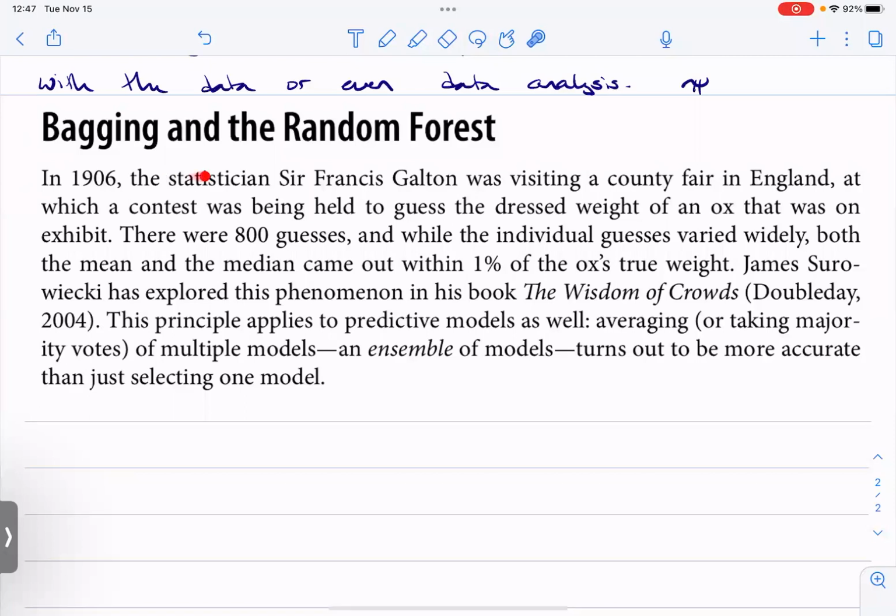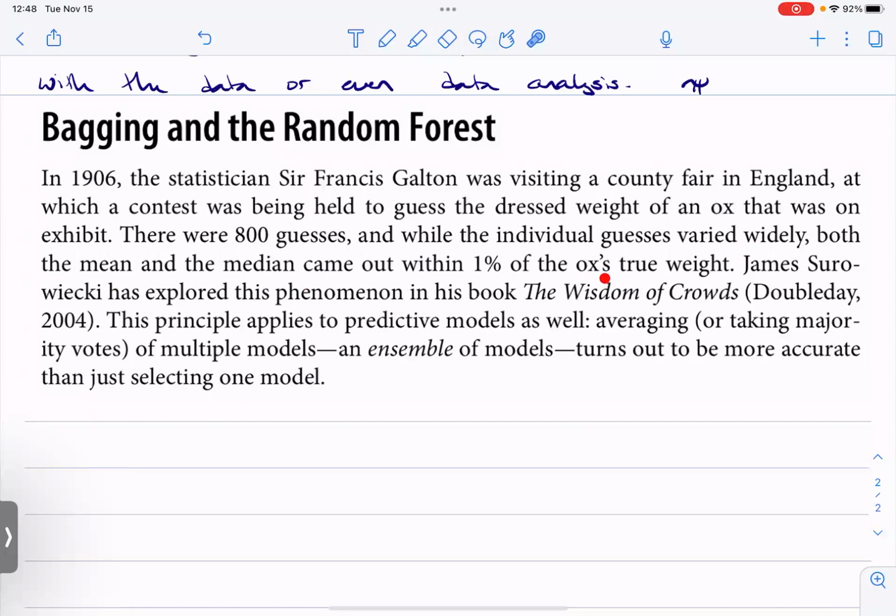In 1906, the statistician Sir Francis Galton was visiting a county fair in England, at which a contest was being held to guess the dressed weight of an ox on exhibit. There were 800 guesses, and while the individual guesses varied widely, both the mean and the median came out within 1% of the ox's true weight.